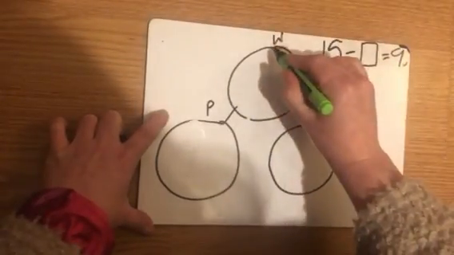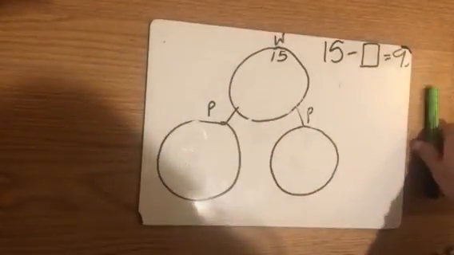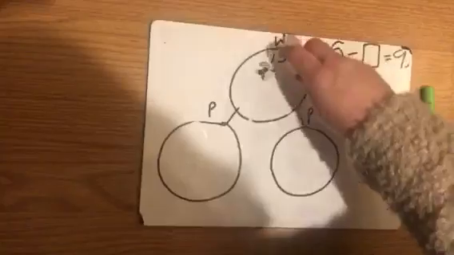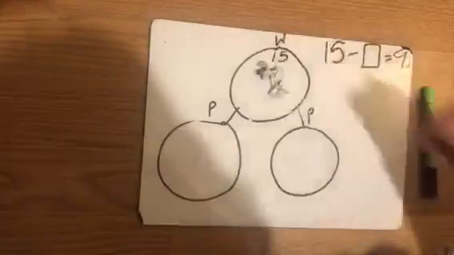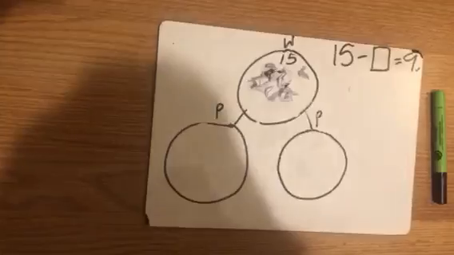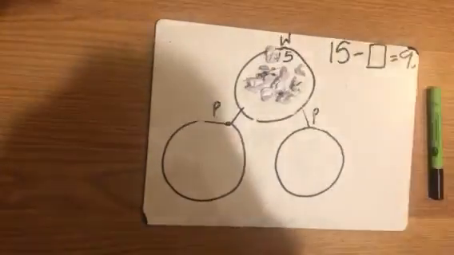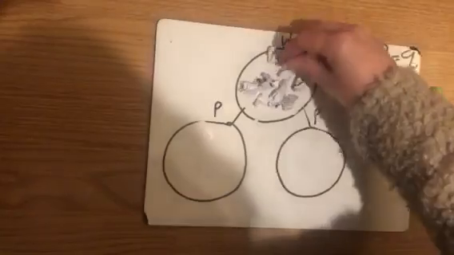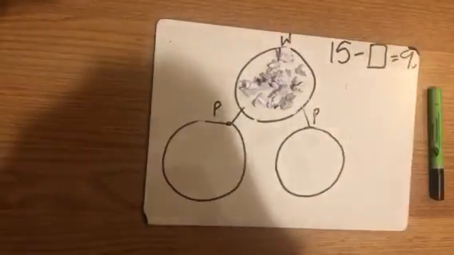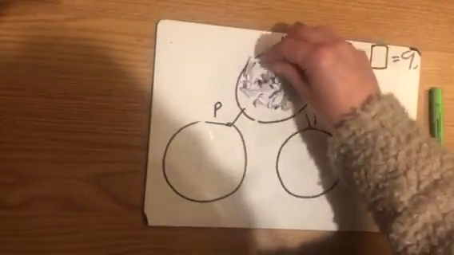So again, if we pop the number 15 in there, just so that when we move our parts around, we don't forget what number we've started on. So 1, 2, 3, 4, 5, 6, 7, 8, 9, 10, 11, 12, 13, 14, 15.